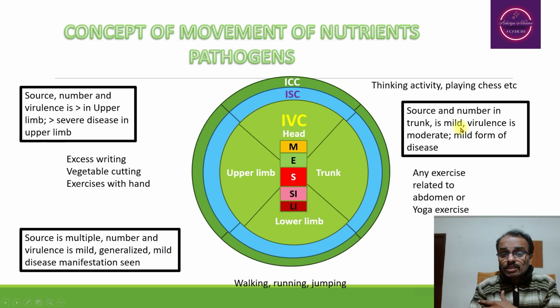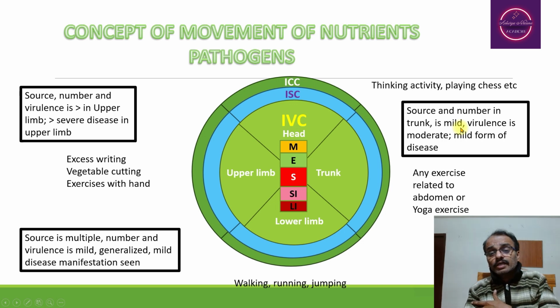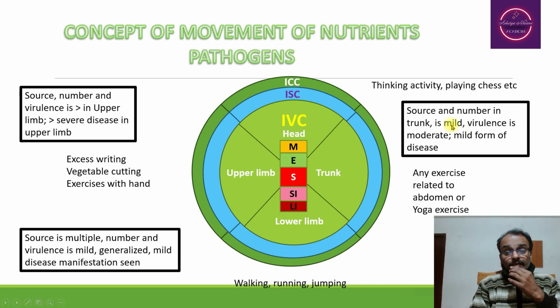And the next one: if the source and number of entry of pathogens is mild, whereas virulence is moderate, in the chest or thorax there may be a possibility of a milder form of disease.